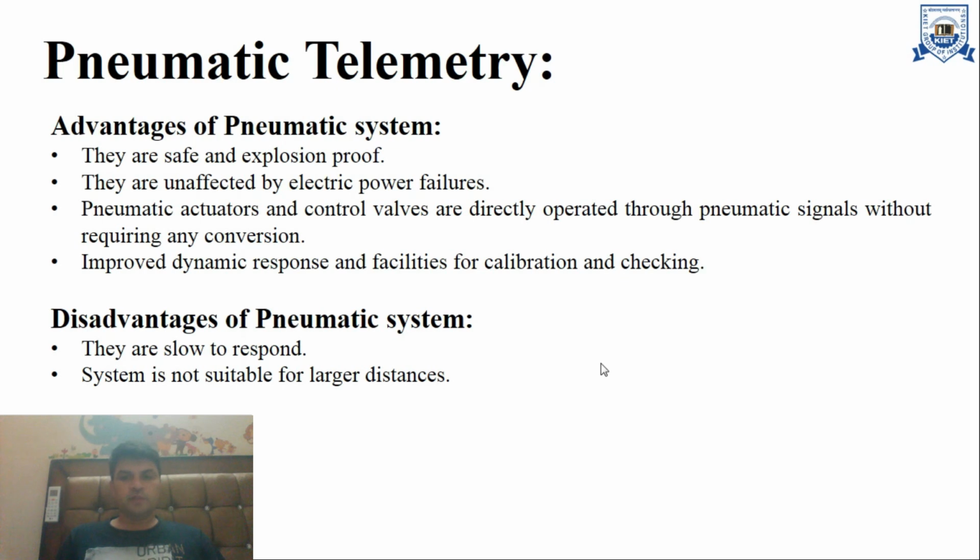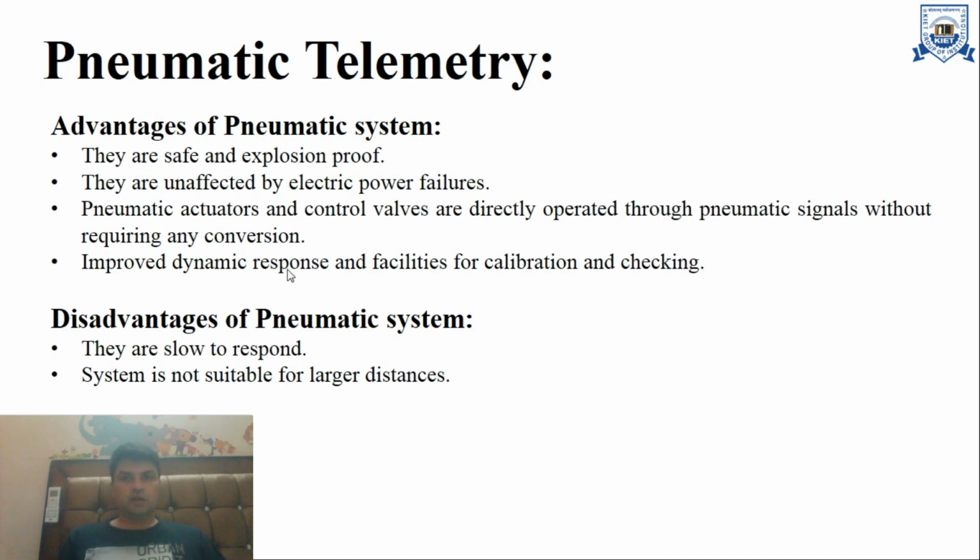There are some advantages and disadvantages of pneumatic systems. The first advantage is they are safe and explosion proof. They are unaffected by electric power failures. Pneumatic actuators and control valves are directly operated through pneumatic signals without requiring any conversion. No need of any conversion.